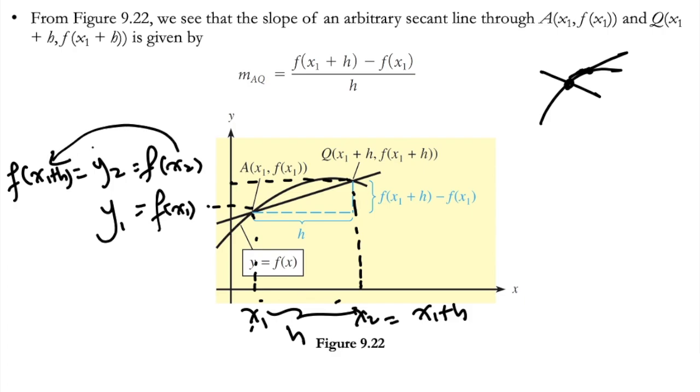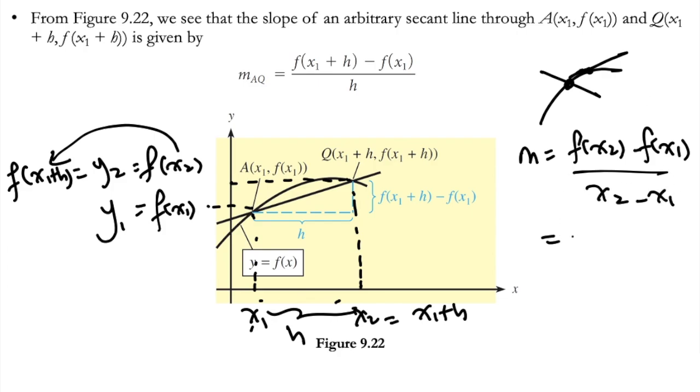Okay? Alright. Now, if I want to calculate the slope between these 2 points, then the slope must be f(x2) minus f(x1) over x2 minus x1, isn't it? Or y2 minus y1 over x2 minus x1.